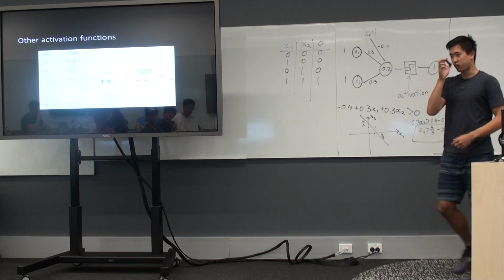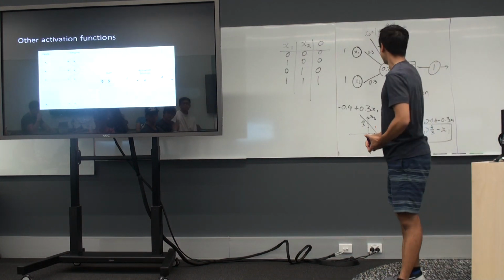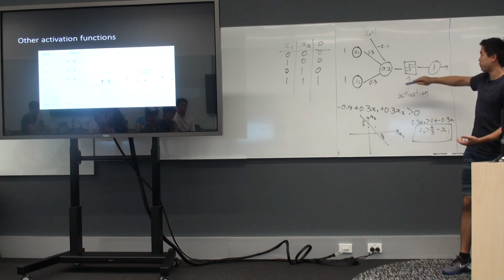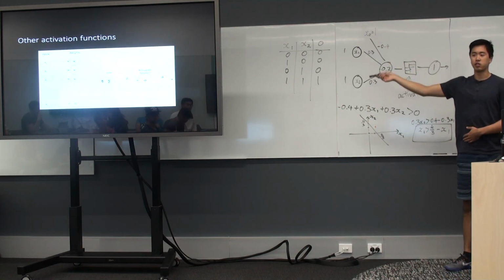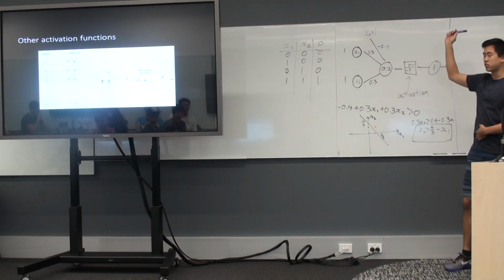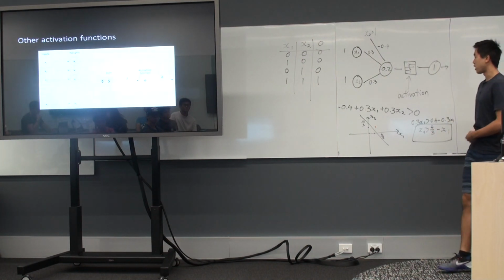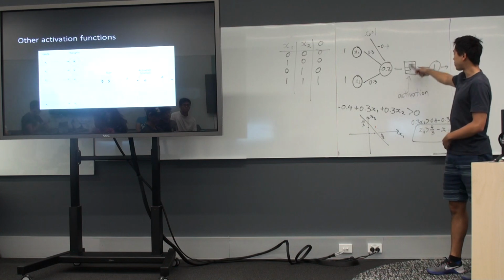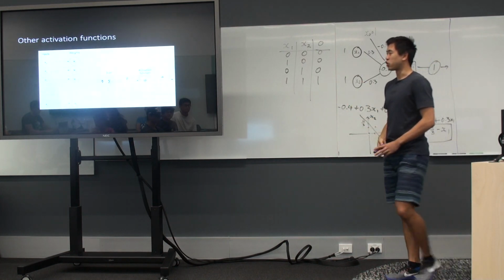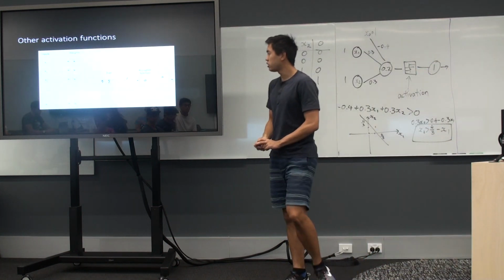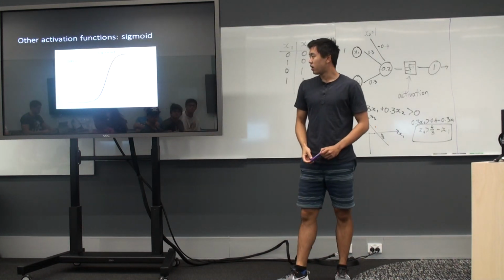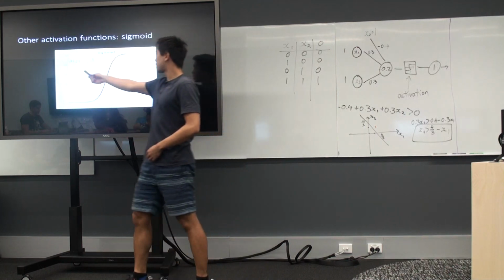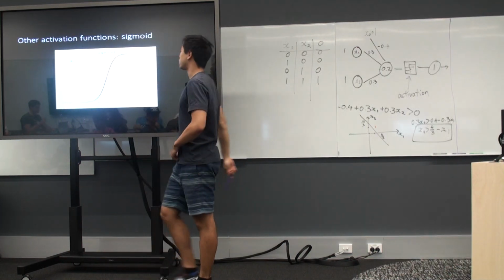So one last thing before I go into the learning. This activation function here is a step function because it just says 0 for less than or equal to 0, or 1 if it's greater than 0. There's different ones we can put instead of the step function. The one I'll talk about today is called the sigmoid, and it's given by this symbol, sigma, and this is the equation for it.